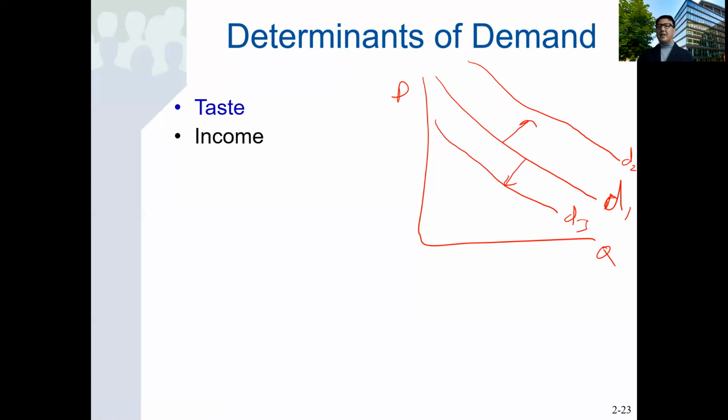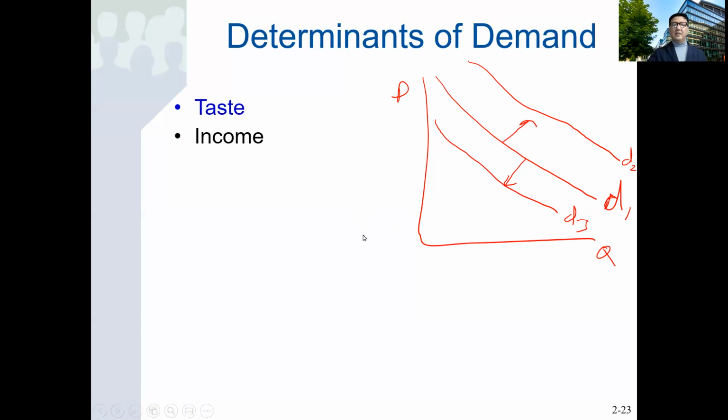It also depends on income. Income is the ability of people to buy stuff. People who earn $150,000 will have a different demand, or propensity, for orange juice than people who earn $30,000 or $25,000 a year, because they're limited in terms of income.